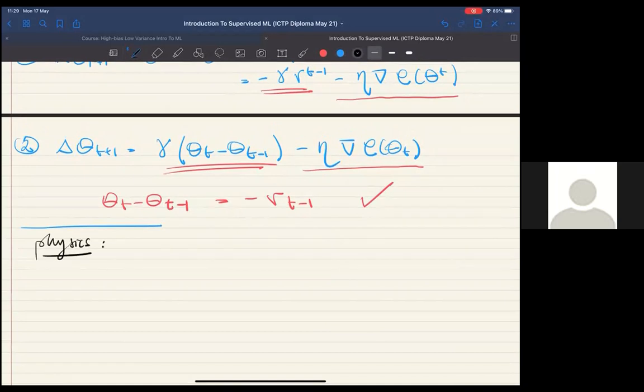Let me write some equation of motion. Okay, let's say we have a particle described by its position, and its position will be, as you can imagine, called theta, okay?